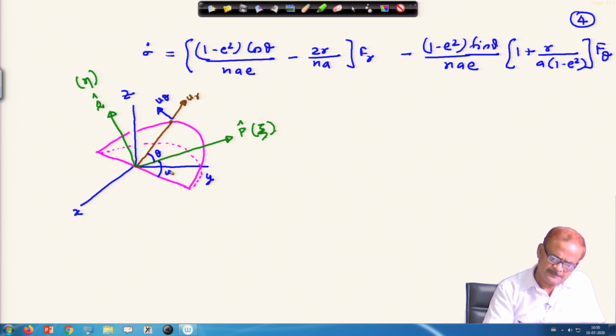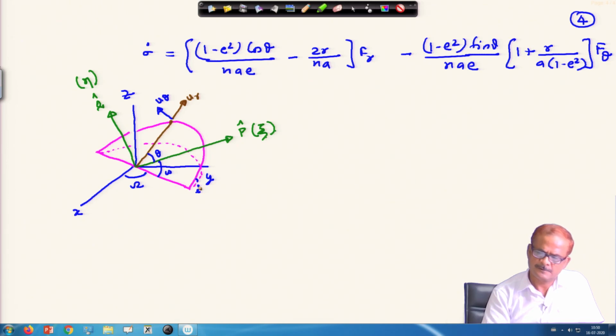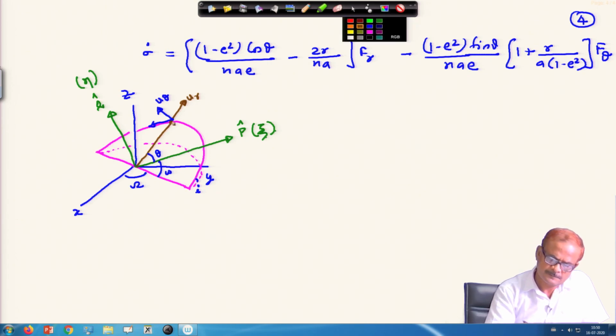This angle we have represented as small omega, this angle as capital omega, and the angle of inclination, this angle is I, the inclination of the orbit with the x y plane. Okay. And then we had, with another color we can show it.